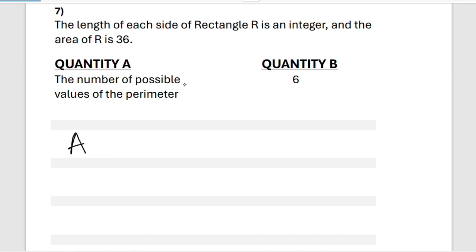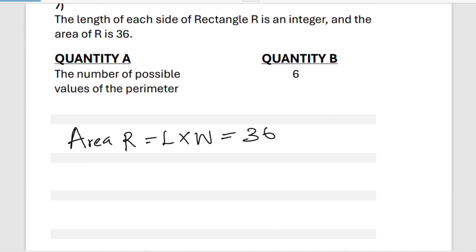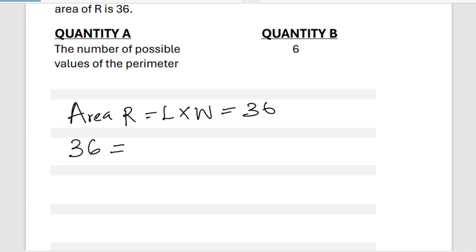The area of R, which is length times width, is simply 36. And the length and the width are all integers. That simply means we can easily find different values of L and W that will multiply each other to give us 36.